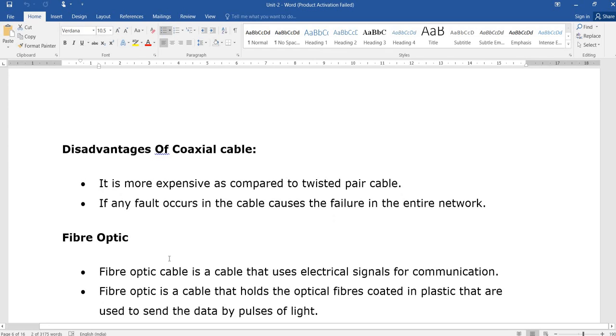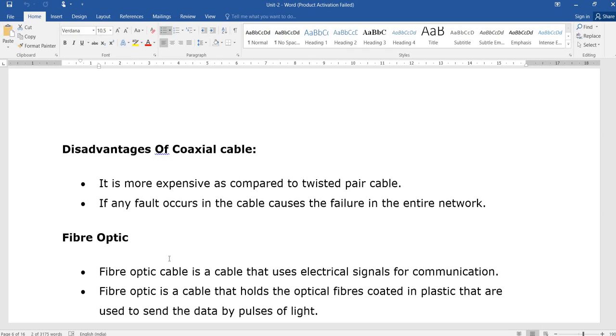A disadvantage of this coaxial cable is that it is more expensive as compared to twisted pair. If any fault occurs in the cable, the entire network fails. There is no backup cable or anything like that.